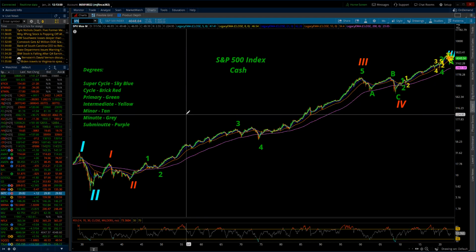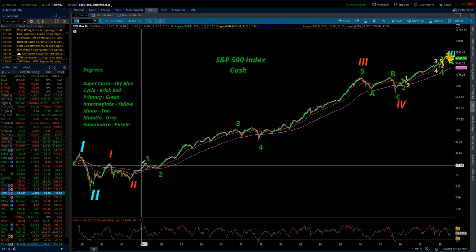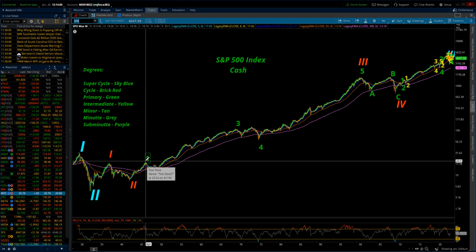So when we get a movement, 1, 2, 3, 4, 5 in either direction, we're just going to call it up in this one, that will be considered 5 up, and then we should begin to see an ABC, or a 3-wave decline or counter trend rally, or whatever we call it, a correction, and that would be labeled ABC. And then once those are complete, that finishes waves 1 and 2 of 1 degree up. Then we begin the process over.